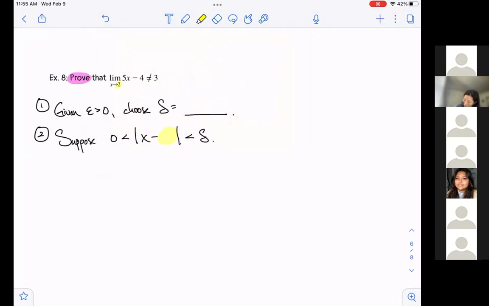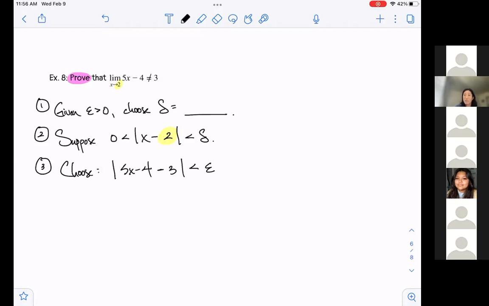Great, a is 2. Now choose the following. What's my f of x in this case? 5x minus 4. Good. So f of x minus the L, which is 3, should be less than epsilon.